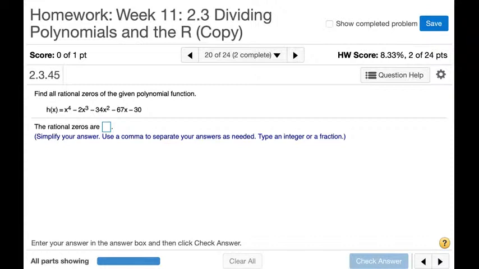Okay, let's just see really quickly. 1, 1, negative 1, negative 1, negative 35. 90 plus 12 is 102, negative 102.